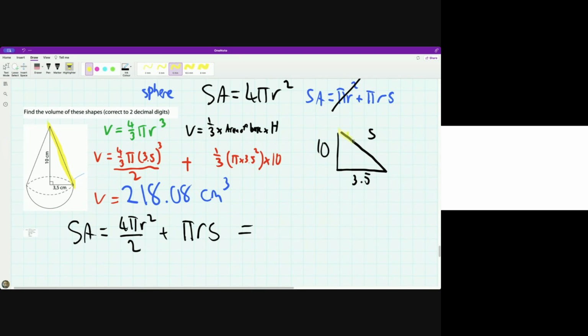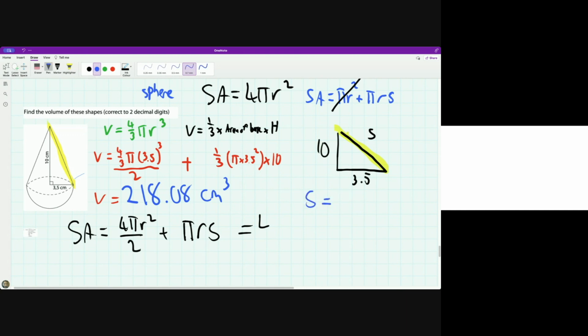I know I didn't draw it to scale, but all right, so for S, let's use a different color.